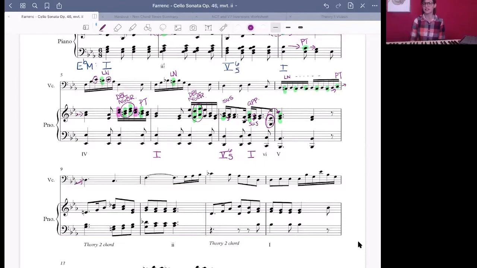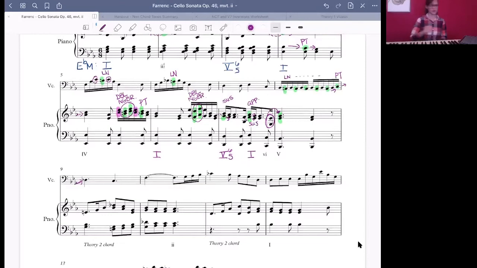Or is it leaped or leapt? Whichever. So it might sound to you like an appoggiatura, and I think there's a good case to be made for either of those accounts, especially because I'm asking you to really consider how these non-chord tones feel to you. That might feel more like an appoggiatura than anything else.